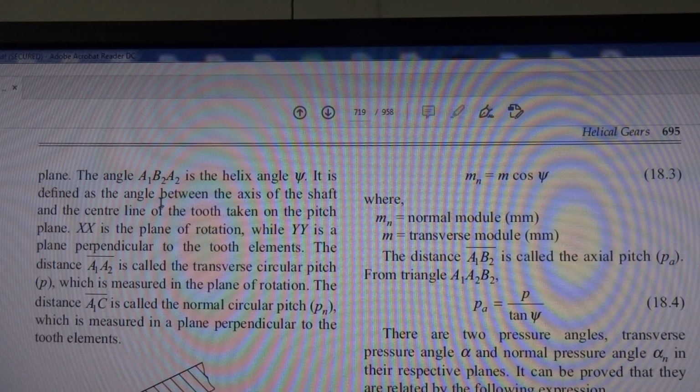It is defined as the angle between the axis of the shaft and the center line of the tooth taken on the pitch plane.